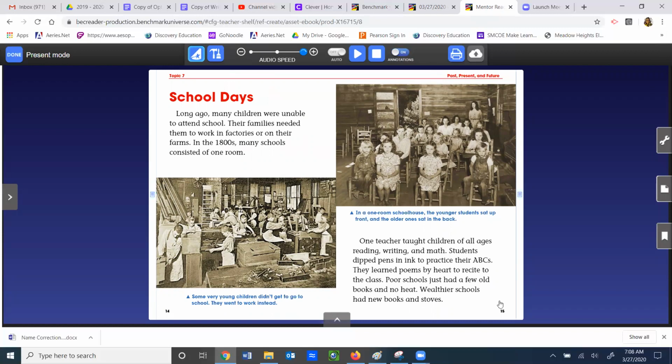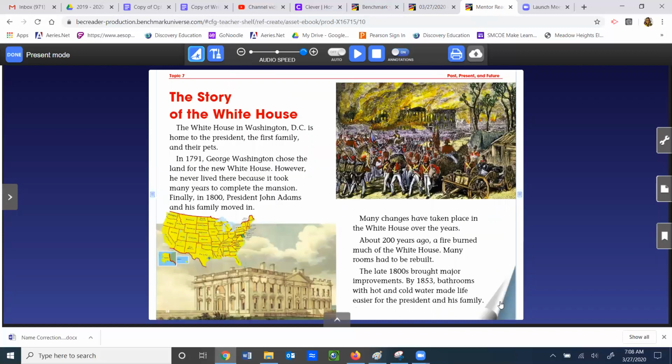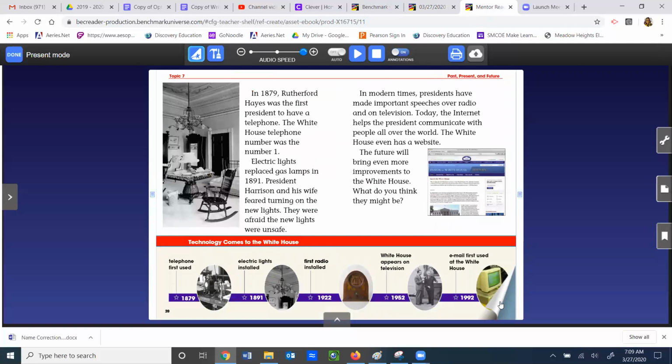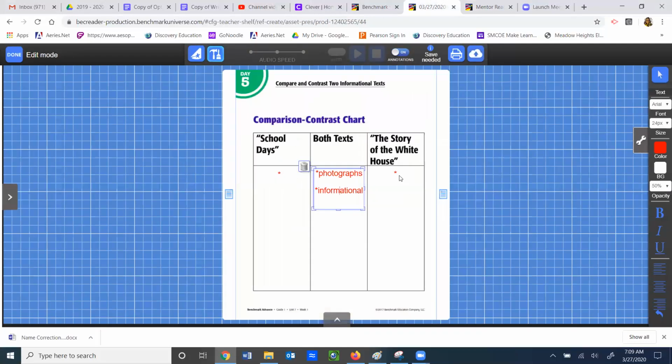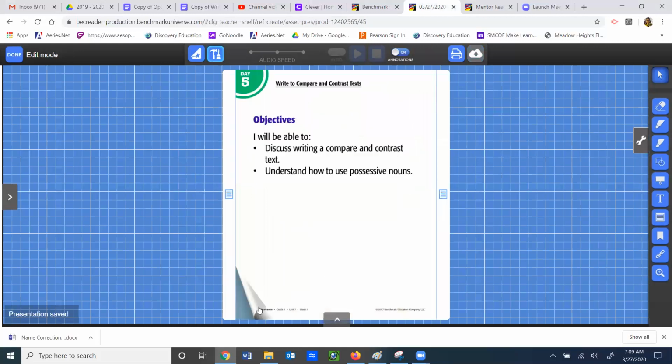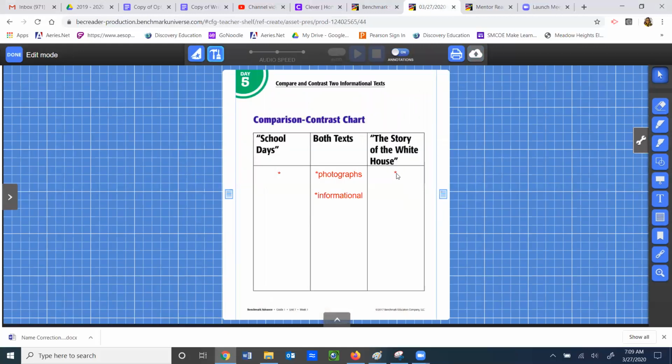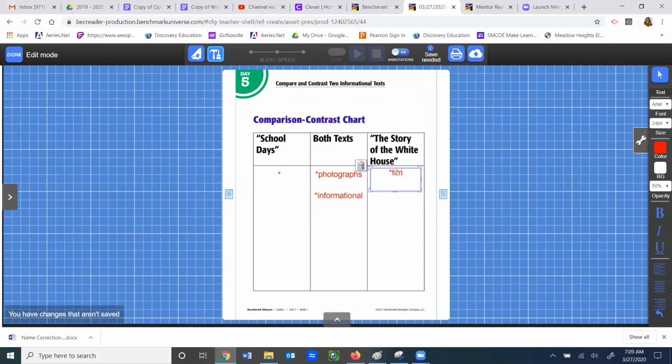Now let's go back to the story of the White House. In the story of the White House, there is a timeline. But in School Days, there is no timeline. So I'm not going to list the timeline in the third column of my chart. I'm going to list that only underneath the story of the White House. So let's go ahead and do that.